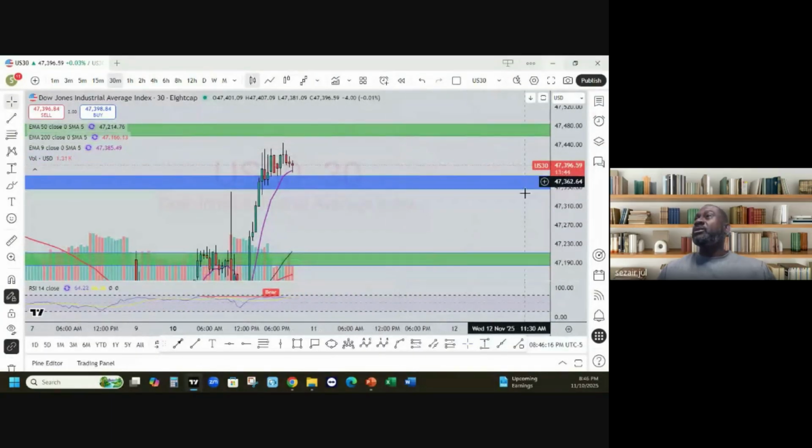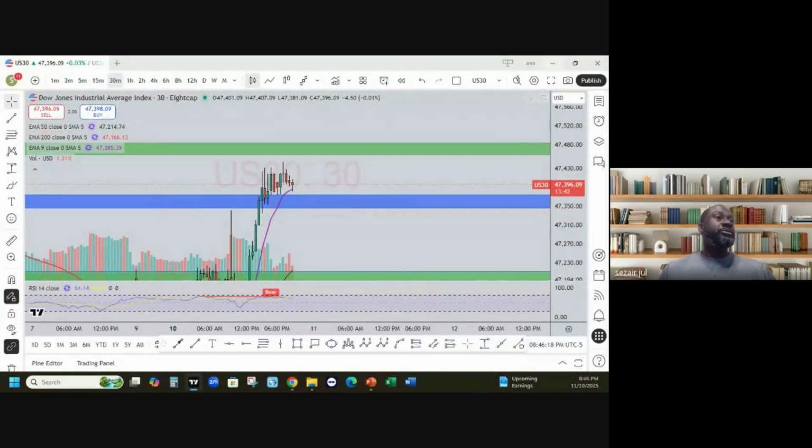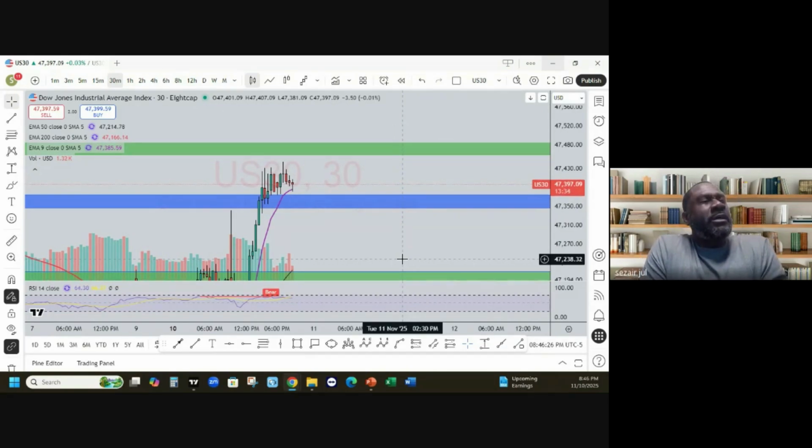All right, so this is the software we're going to use to create a demo account, to do technical analysis, and also you can even trade on that platform as well. So this is what your homework will be.